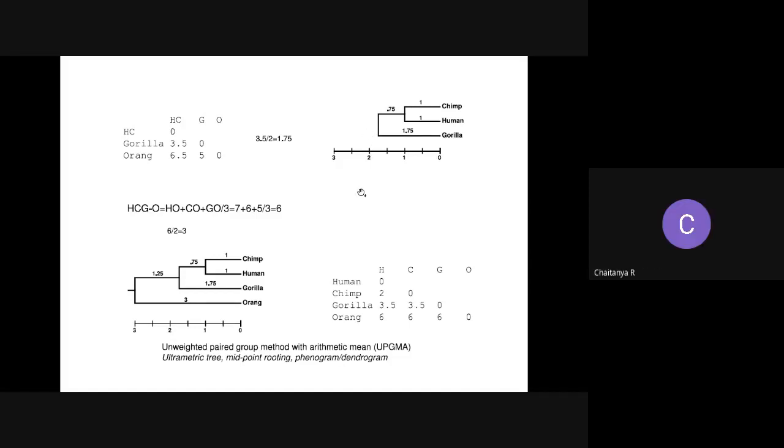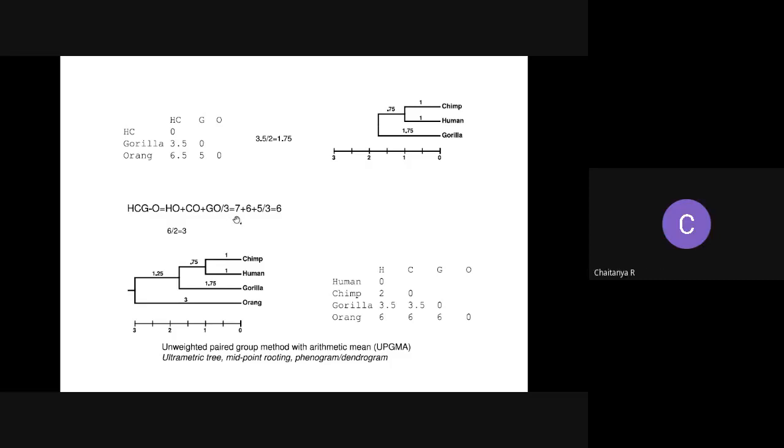So we calculate the distance between this clade, the human-chimp-gorilla clade, and orangutans. How do we do that? By computing the actual distances between human and orang, chimp and orang, gorilla and orang, adding them up and dividing that by 3.